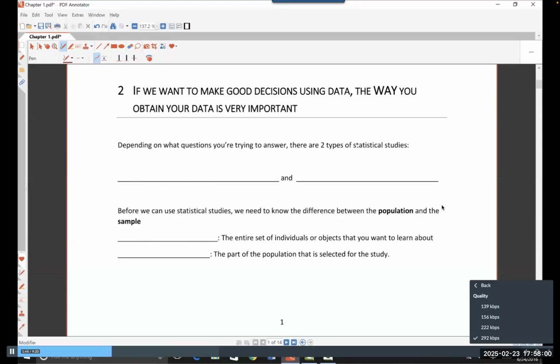So the first thing that we have to understand is that there are two types of statistical studies. There are observational studies and there are experiments.